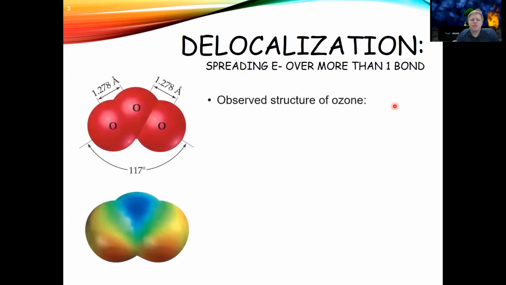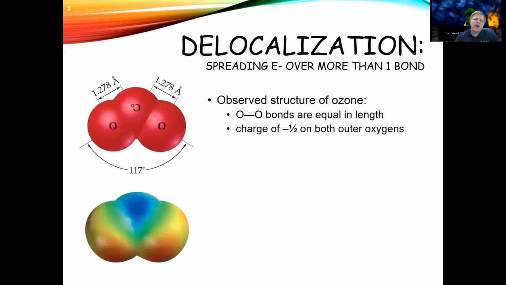So what we see in real ozone is oxygen-oxygen bonds on either side of the central atom that are exactly the same in length. They're both about 1.28 angstroms. And if we look at the electron density on this molecule, this is our heat map of electron density, the blue region indicates low electron density, and the yellow and red indicate regions of high electron density.